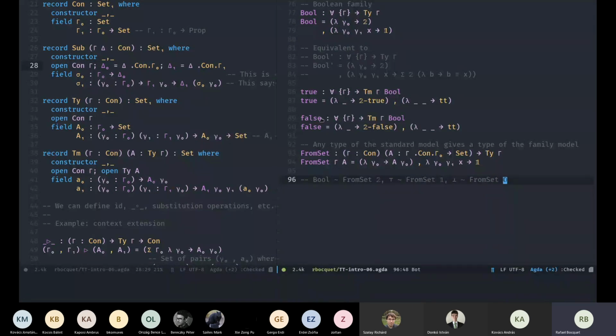Okay, so the types that you have seen up to here are just of this form. They're just obtained by taking a type of a standard model and lifting it to a type of a family model using this from set. So how do we define a type that is not of this form?